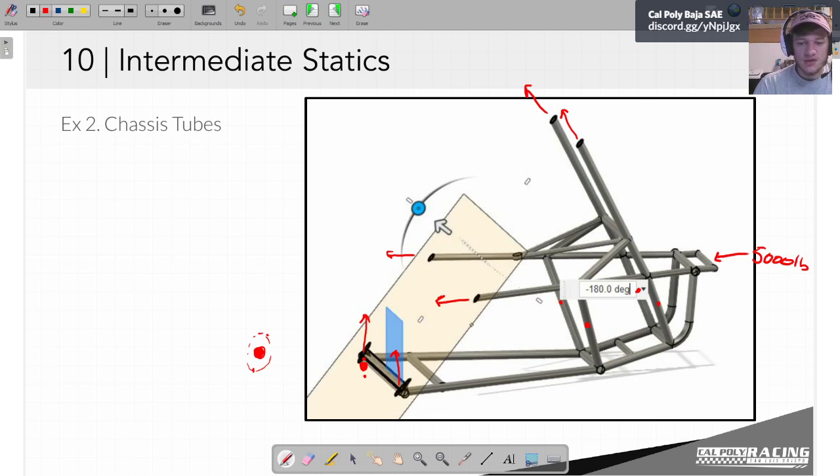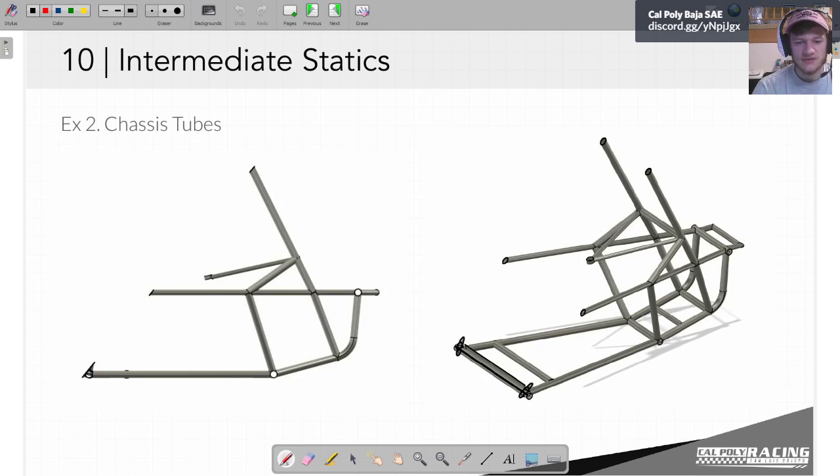So this would be one example where I would then only have to do one more problem to figure out all 6 reactions. It's in 3 dimensions, so it's going to be an ugly problem. It's going to be a lot of little trig going on, but it's doable, and I only had to draw a free body diagram twice. But we'll leave ourselves in 2 dimensions.